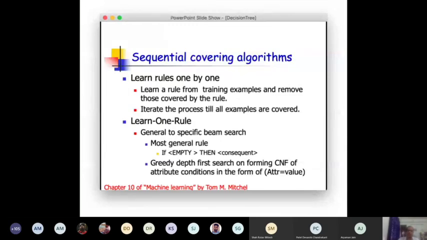considering the antecedent part only. Now, what we do here in learn one rule, in this general to specific beam search algorithm, is a kind of greedy depth first search while forming this conjunctive normal form of attribute conditions. And always the attribute condition is given in this form: attribute equals some value.